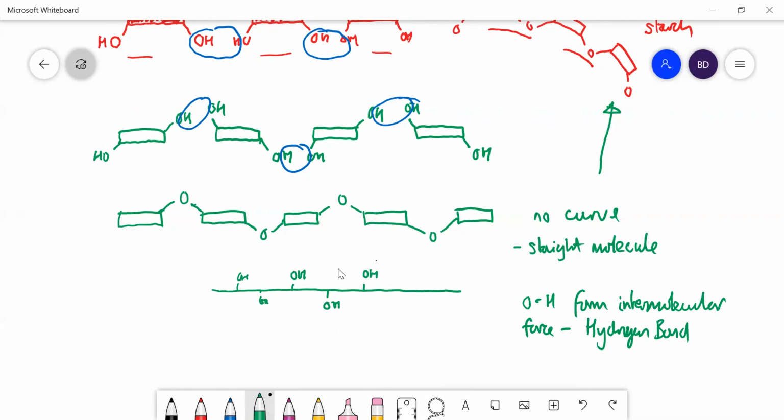So what happens, you get one cellulose molecule here. I'll draw another cellulose molecule next to it in a different color. So there's a purple one. That's got a load of OHs on it, and that's going to form these hydrogen bonds to the next chain. And then you get another cellulose. So what happens is the cellulose molecules form fibers.